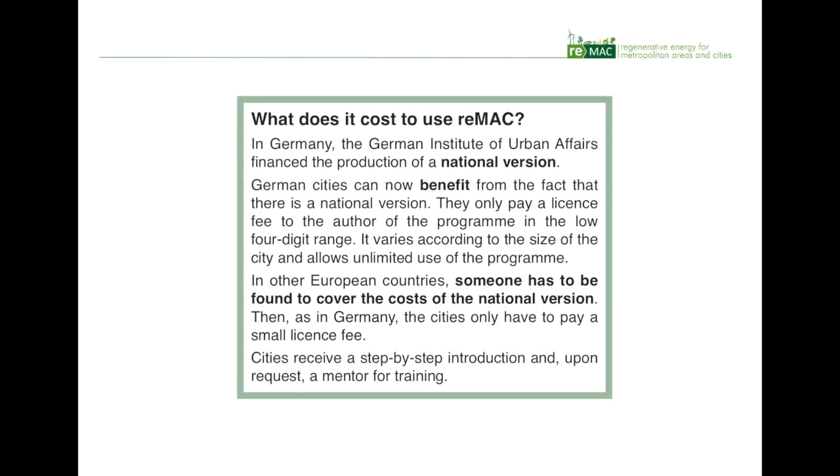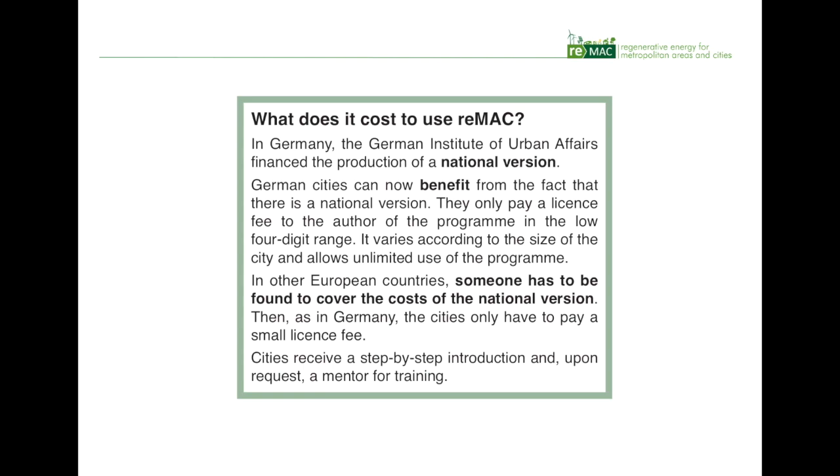What does it cost to use reMAC? In Germany, the German Institute of Urban Affairs financed the production of a national version. German cities can now benefit from the fact that there is a national version. They only pay a license fee to the author of the program in the low 4-digit range.